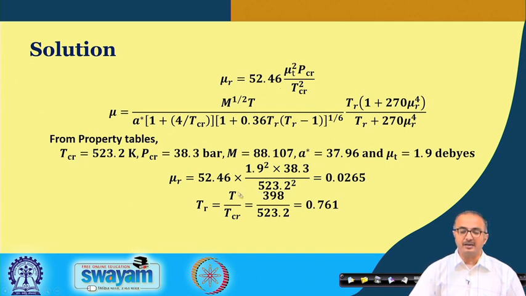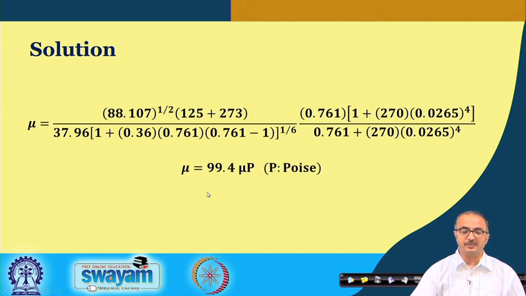Okay. And here now we find that if we plug in the values we find this is the mu r value, and once we take the mu r value here we find this is the value of the mu we shall be having, and this mu is coming in terms of micropoise. Now, what does this P stand for? Poise.